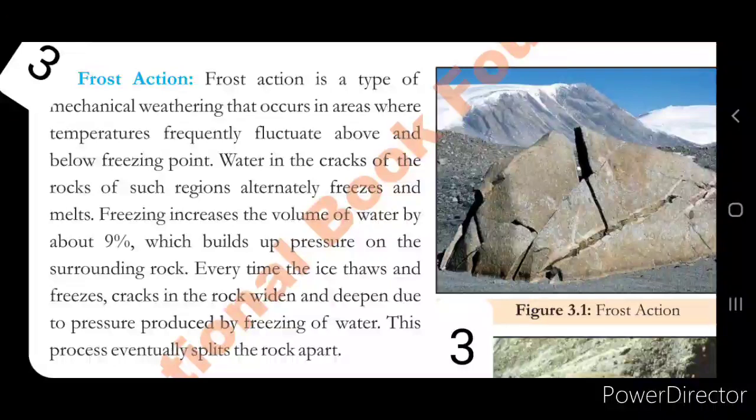Freezing increases the volume of water by about 9%, which builds up pressure on the surrounding rocks. Every time the ice thaws and freezes, cracks in the rock deepen due to pressure produced by the freezing of water, and this process eventually splits the rock apart. You can also see the figure of frost action on your page number 27.